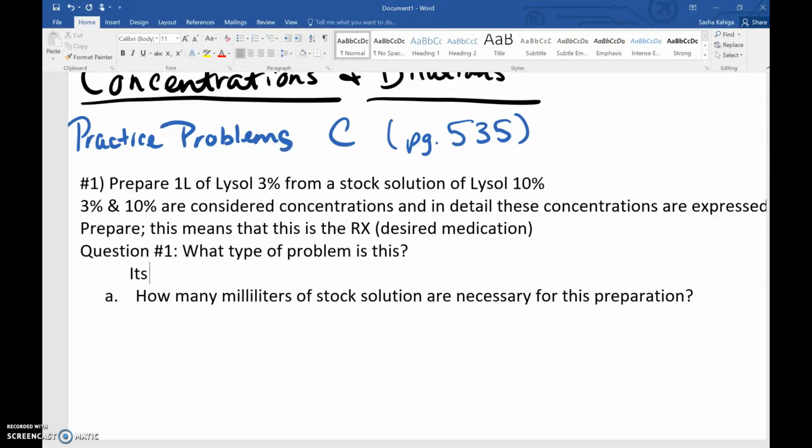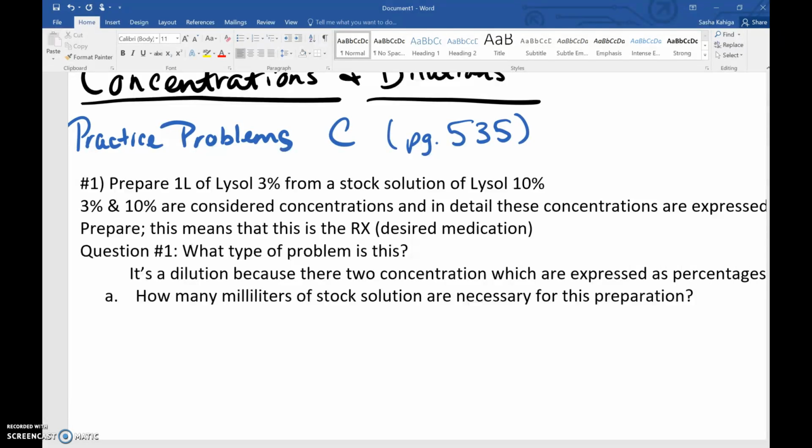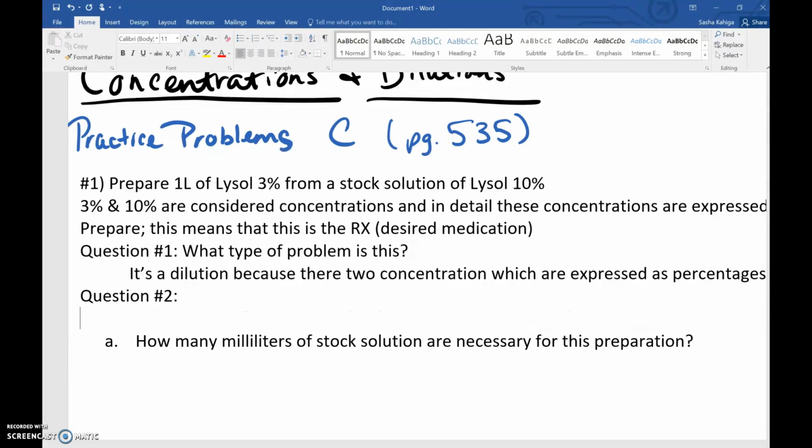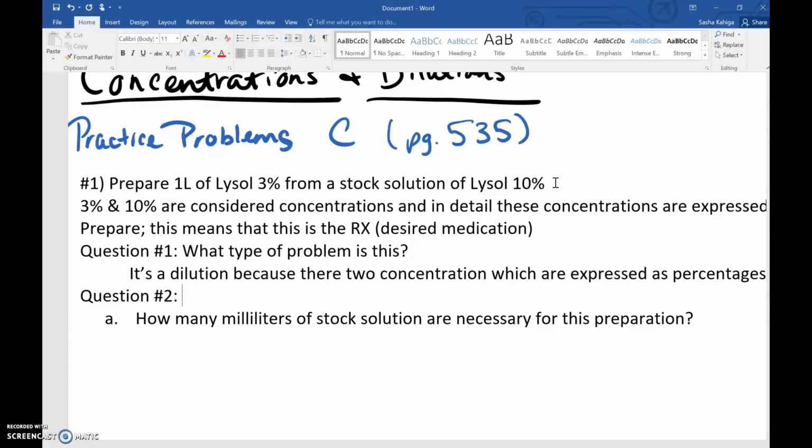Well, it's a dilution problem because there are two concentrations which are expressed as percentages. Question number 2, or step number 2: identify the components.